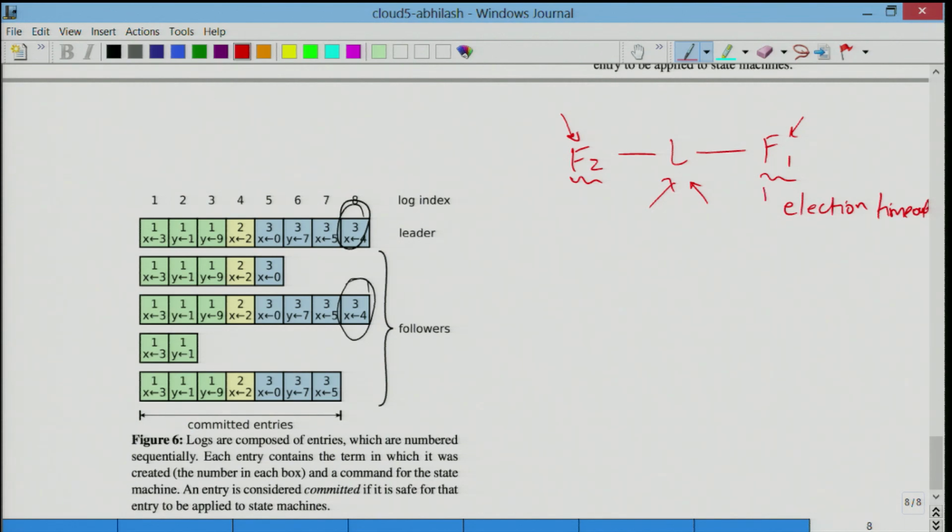And then the follower will become a candidate, saying I want to become a leader, and it will send a request vote RPC. It will say, I want to become a leader, give me votes. And if F2 gives it a vote, then it will become a leader. So let's look at this behavior.